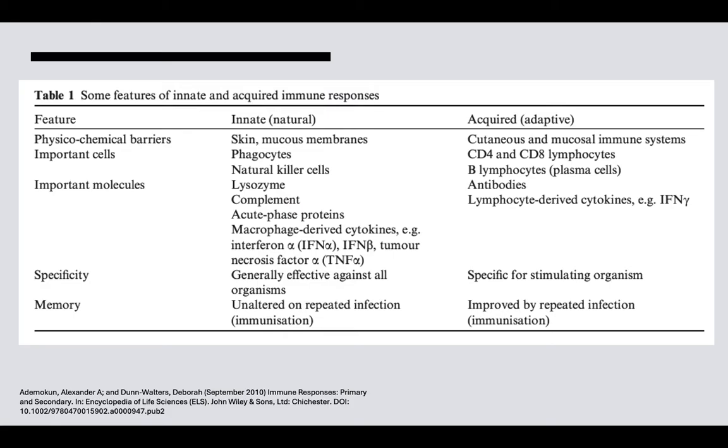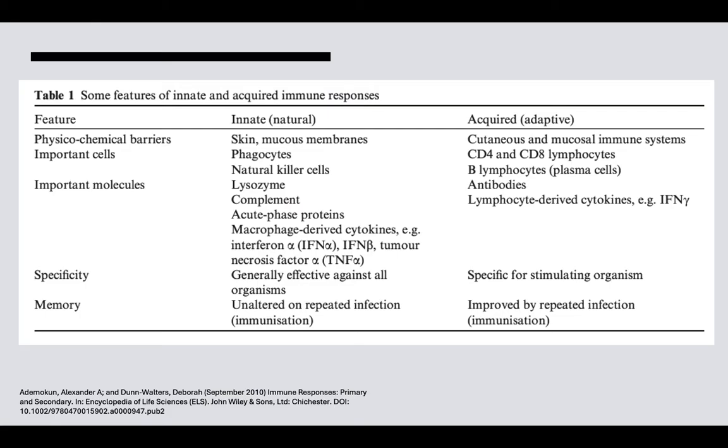The innate immune effectors are generally effective against all types of organisms. So you expect that in the primary response, all the effectors involved will be able to carry out the process of immune clearance without really depending too much on antibody antigen recognition.